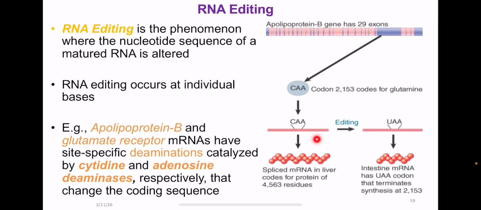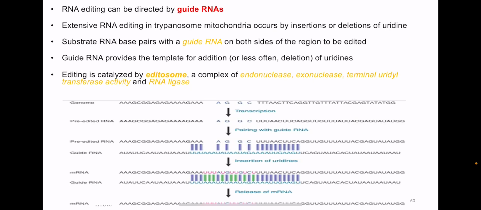But the same mRNA is edited in a different tissue, like the intestines, and that particular sequence is converted to UAA instead of CAA. UAA is a stop codon, so the protein is going to be shorter than the one in the liver, with about 2,153 residues. That is an implication of what RNA editing does.